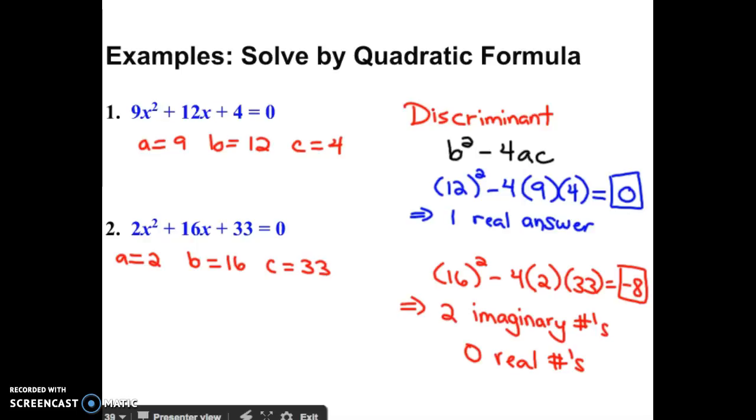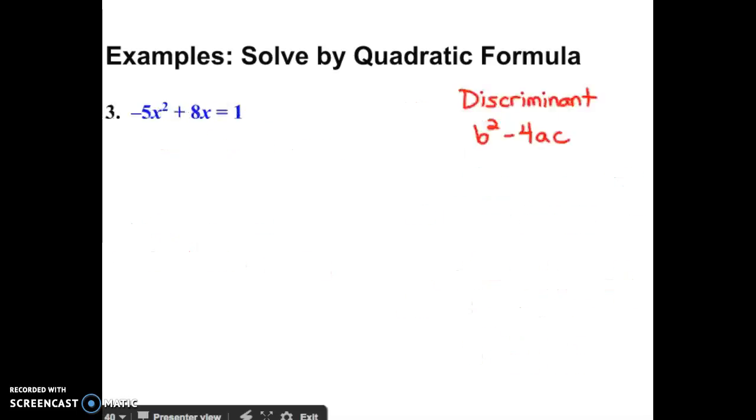Okay, let's take a look at one more problem. For my last problem, I do need to move everything to one side of the equation, so I'll move the 1 over, and it'll become -1. You always want 0 on one side. So I know my a is -5, my b is 8, my c is -1. So again, I'm going to do b squared minus 4ac for my discriminant.